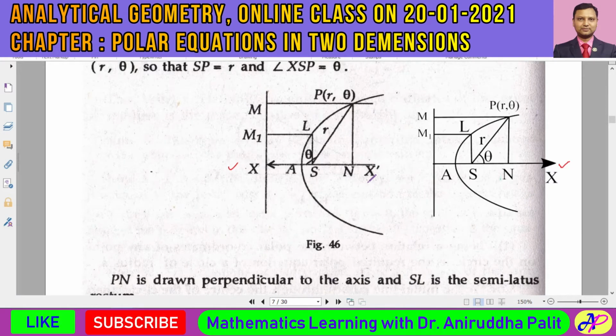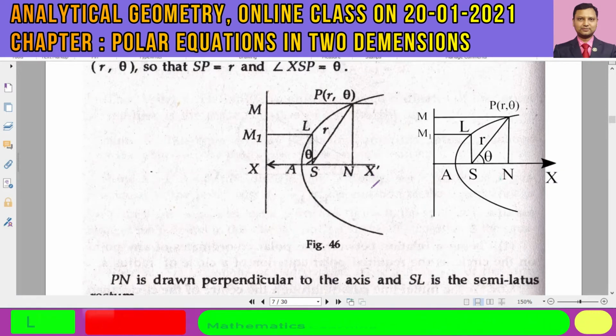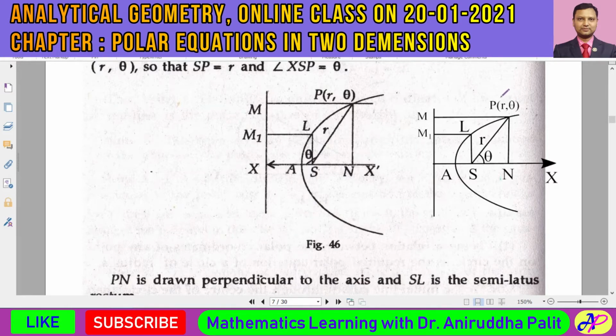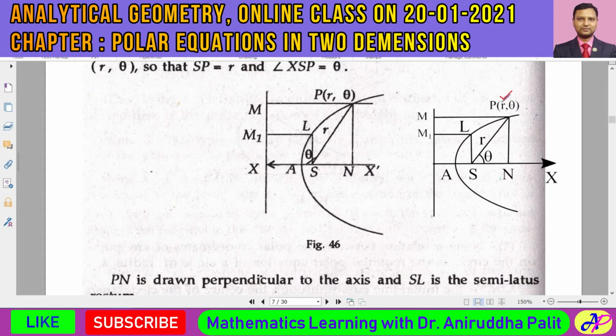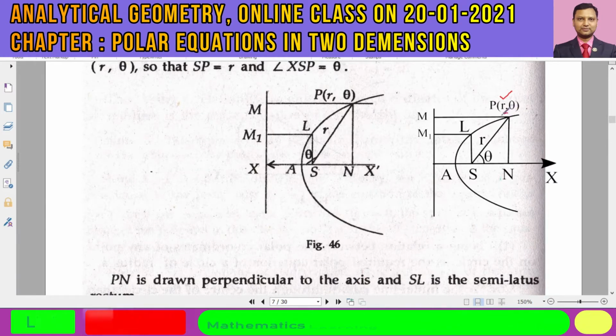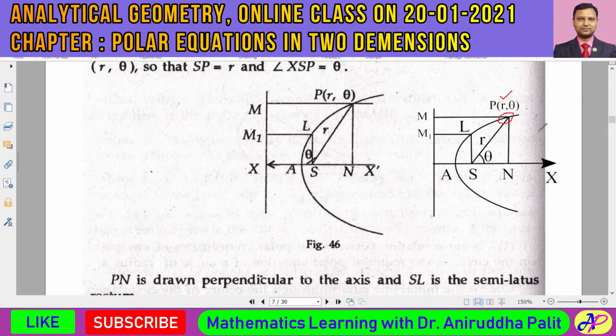Now, if we consider any arbitrary point having vectorial angle theta and radius vector r, these small r and theta are the polar coordinates of any arbitrary point P on this curve.